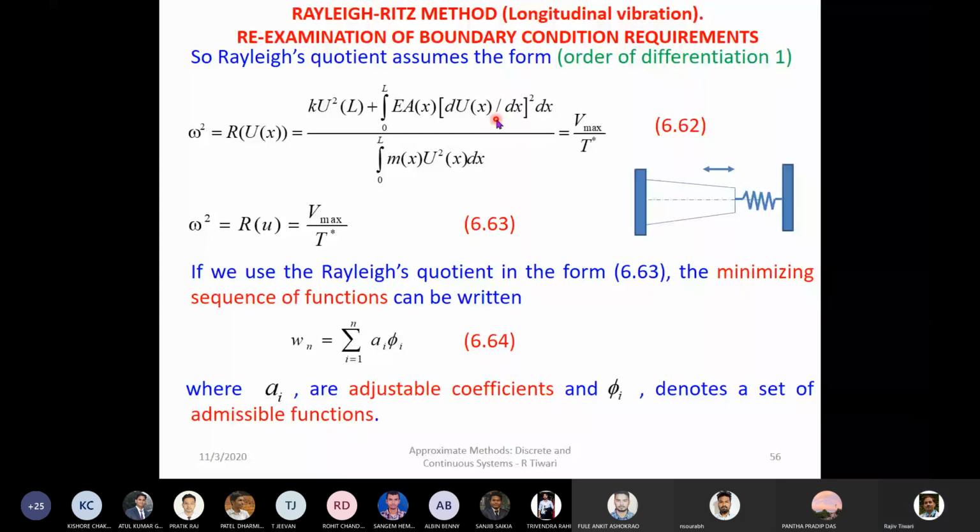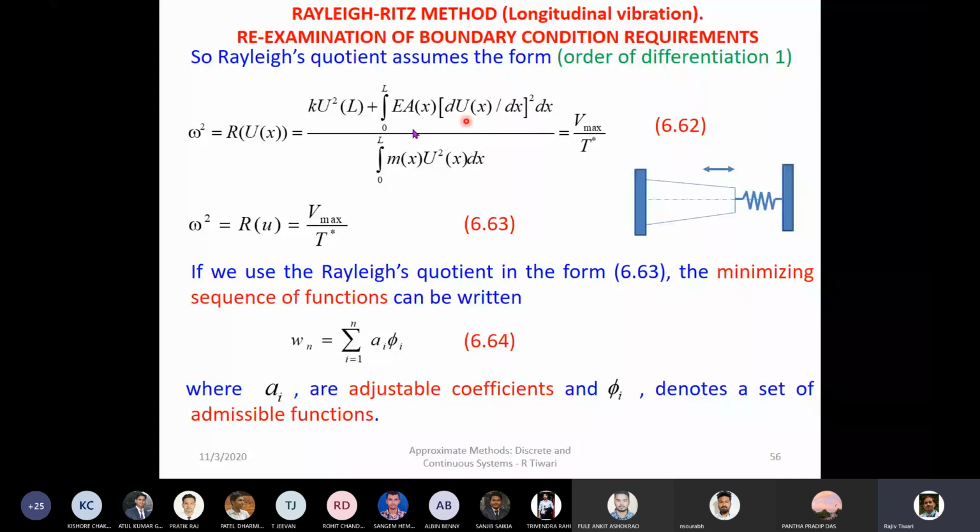And about the natural boundary condition, the natural boundary condition is the force. That boundary condition has come in the form of the energy here. So implicitly, we were able to include the natural boundary condition in the energy term itself, in the Rayleigh's quotient itself.